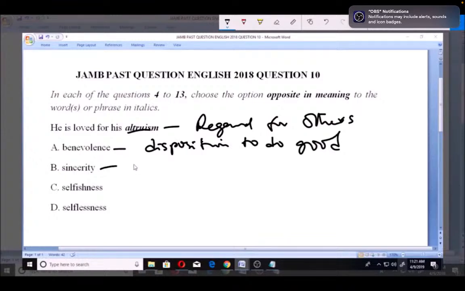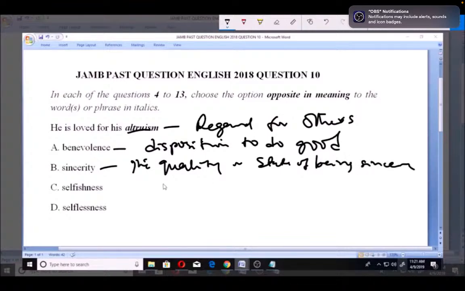Sincerity is the state or quality of being sincere, and being sincere simply means being truthful. When somebody says you're sincere, that means you're truthful.